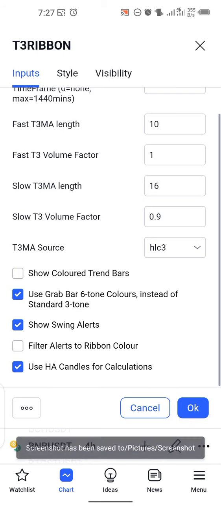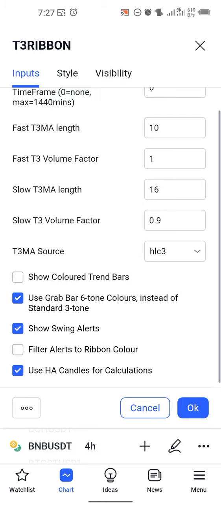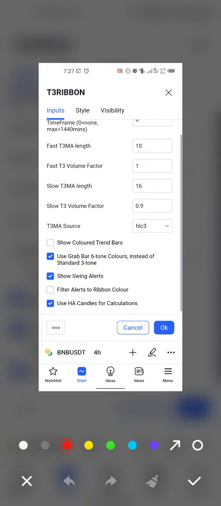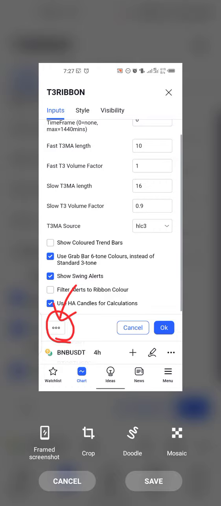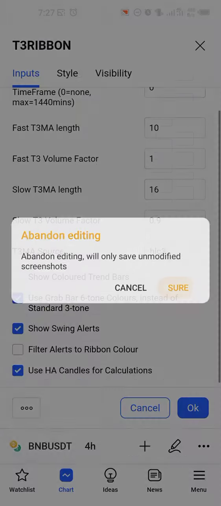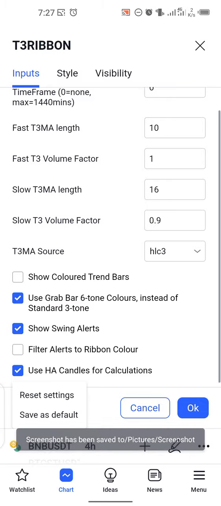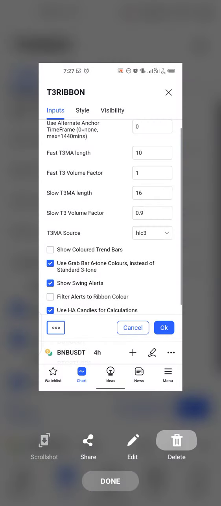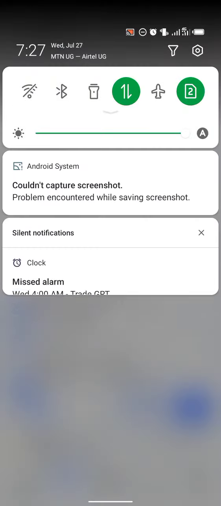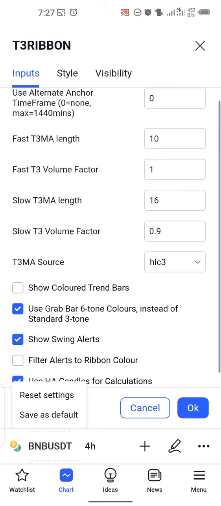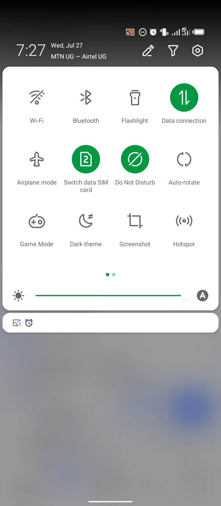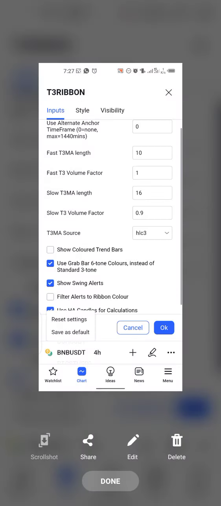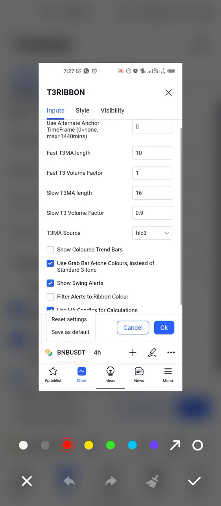All right, so what do we do next after putting in the indicator? We shall come to these 3 dots, and basically we shall tap on this area that is written save as default.